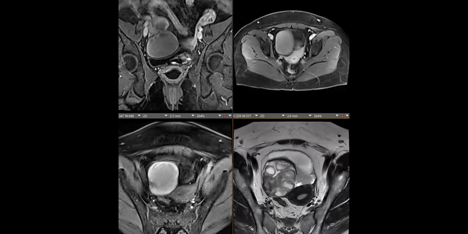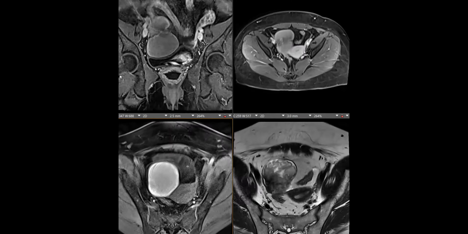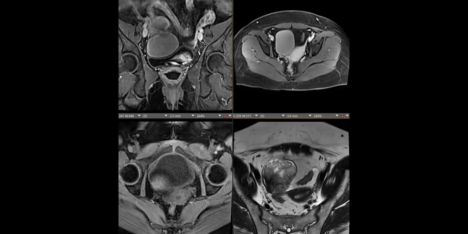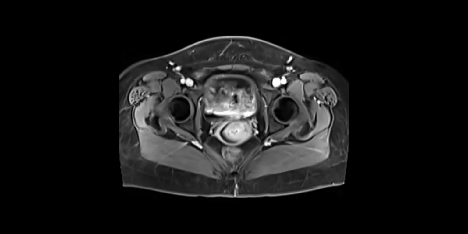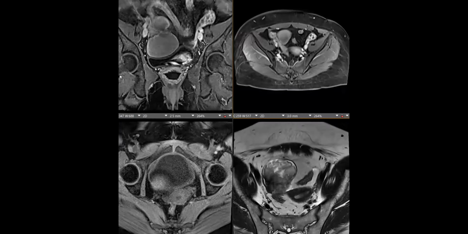So that's the T2, and then this is the T1, and these are the post. And then here's the subtraction.